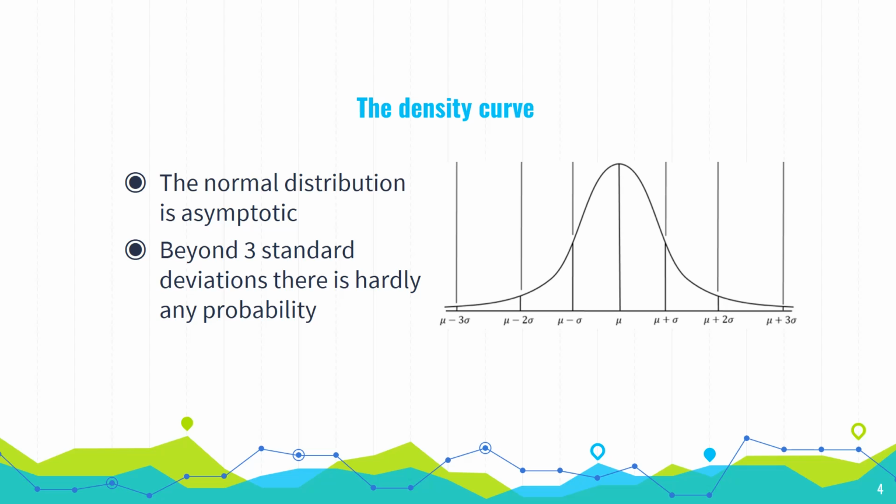But most of what we'll learn when we see the empirical rule is that within 3 standard deviations is the vast majority of the probability, as you can see in this curve. Okay, so you've got the mean in the middle, and then plus 1, 2, and 3 standard deviations, or minus going in the other direction. Okay, so this is the picture you should have in mind.